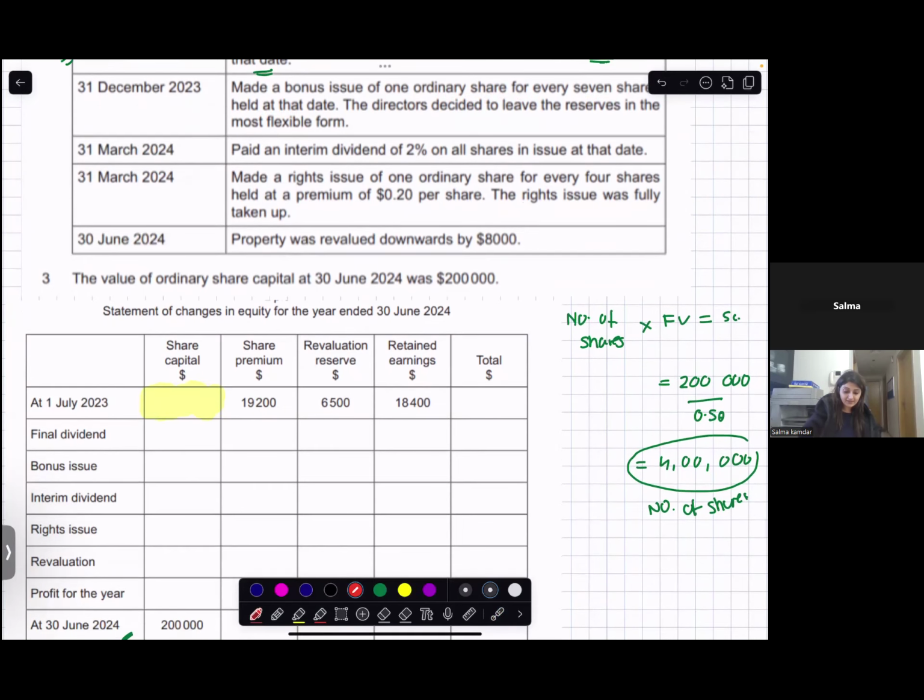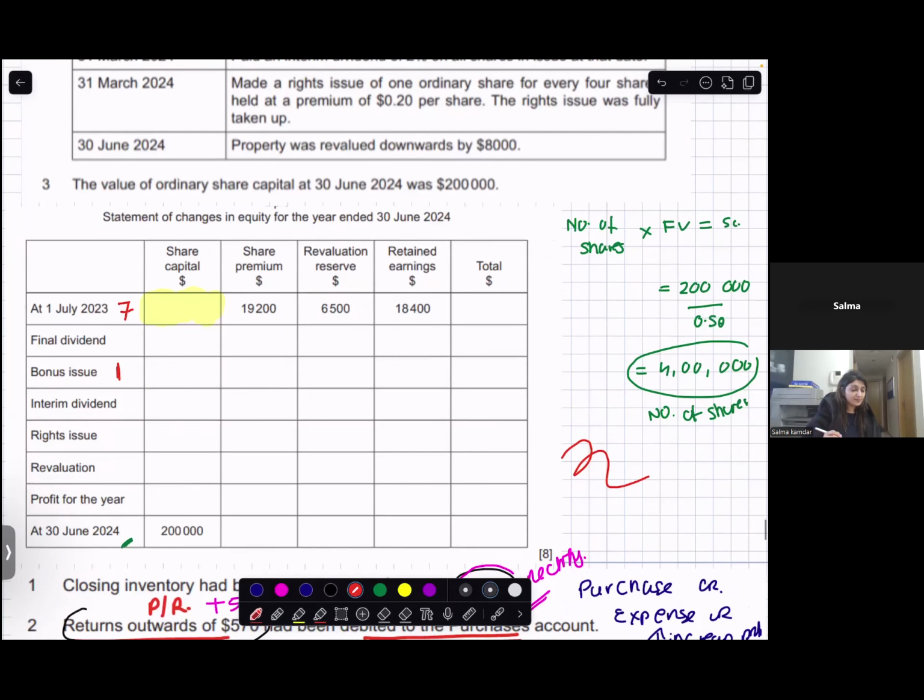Please look at my screen. It is going to be one ordinary share for every 7 that is held. Are you with me? So the total after bonus would be 8.